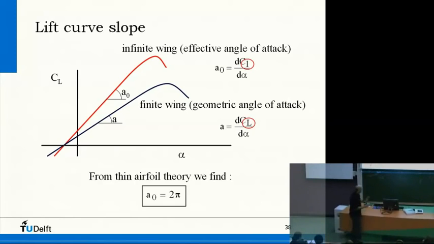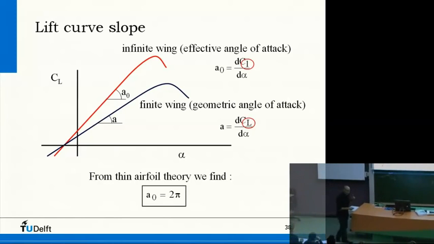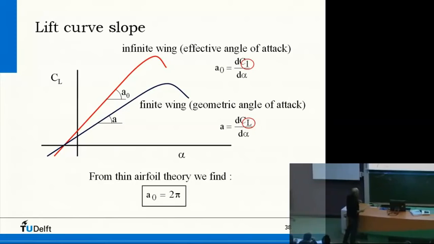Now, from thin airfoil theory, we find that a0 for a very thin airfoil is 2 pi per radian. This a0 also holds for airfoil thicknesses that deviate a little bit from thin airfoils.